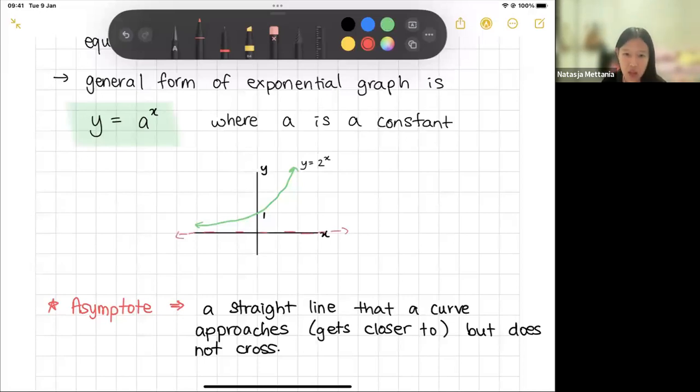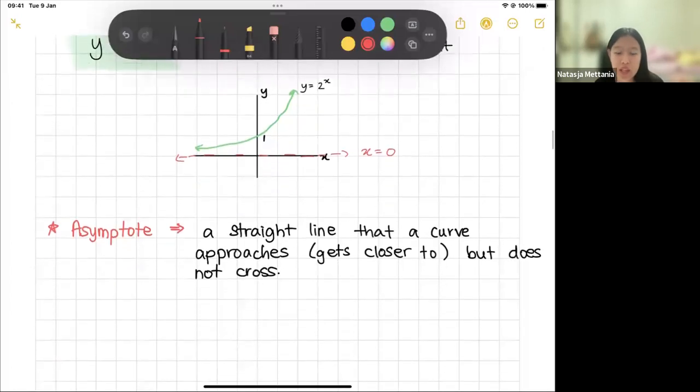The equation of this asymptote will just be x equals 0. The graph, which is in the green, gets close to 0, never touches it. That is a very important term for you to remember.